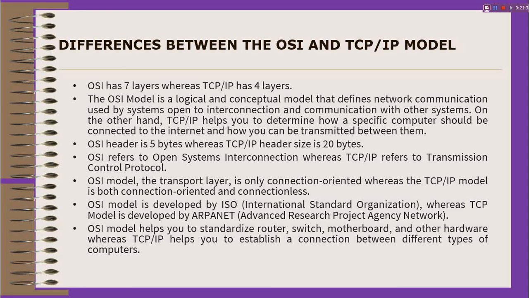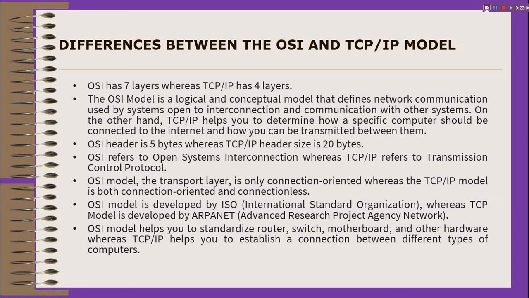OSI header is 5 bytes, whereas TCP/IP header size is 20 bytes. OSI refers to Open System Interconnection and TCP/IP is Transmission Control Protocol and Internet Protocol. In the OSI model, the transport layer is only connection oriented, whereas the TCP/IP model is both connection oriented and connectionless.